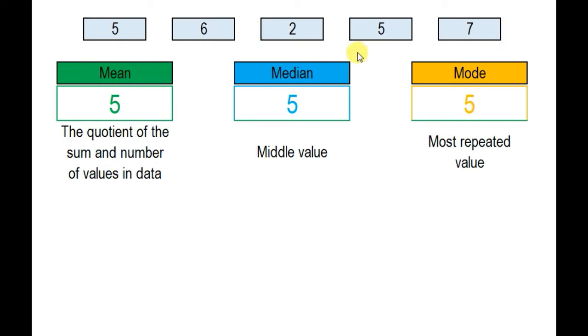If you have data, to describe it or to get one value that represents the whole data, we have to find either mean, median or mode. We can find any one of these. Then why are we learning to find all three? Why don't we learn only one of them? Okay, let me discuss this as well.